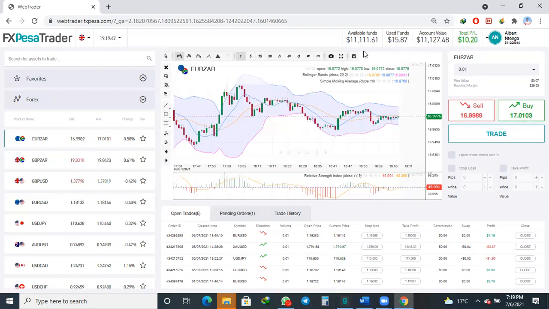Now, when the system closes the most highly negative trades for you, it increases your margin to above 100%, in the case of Expressa.